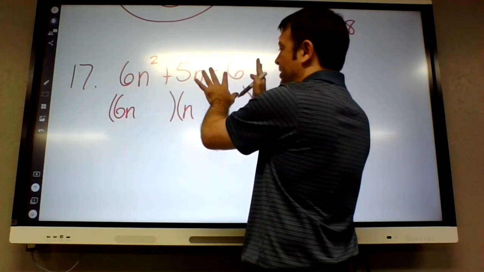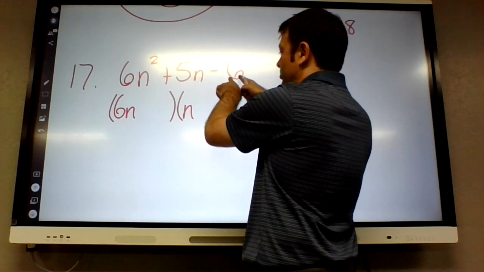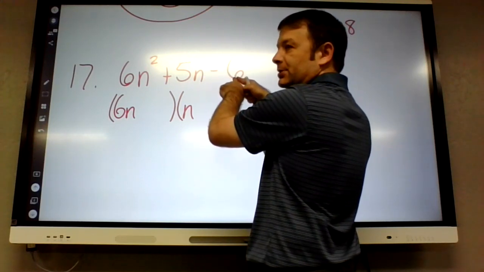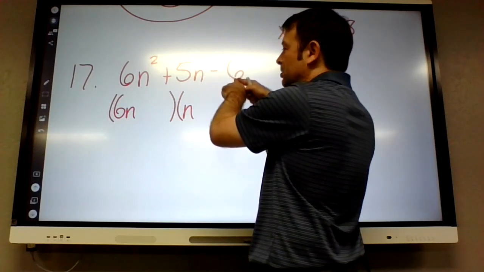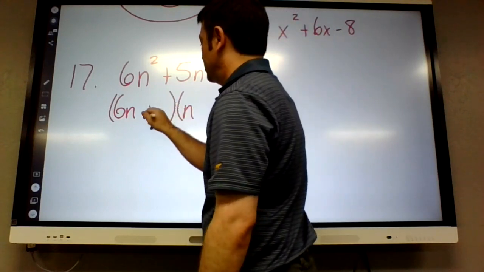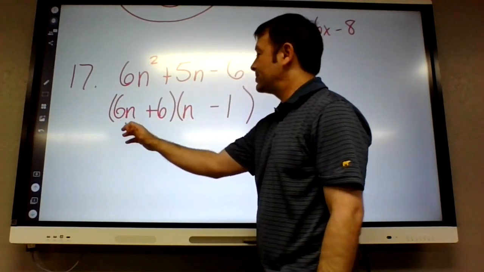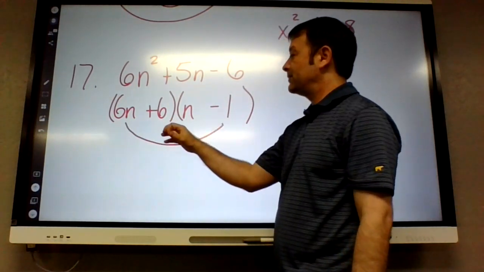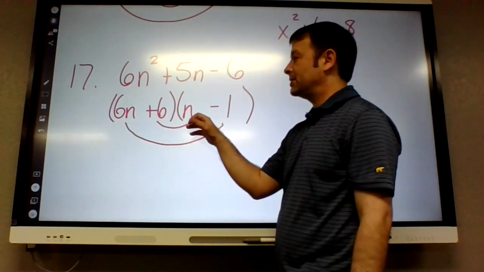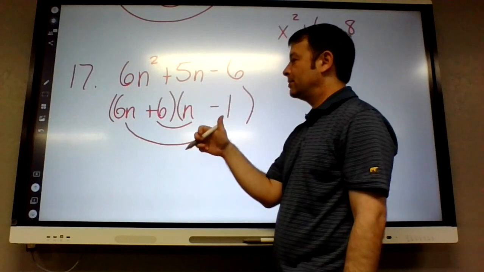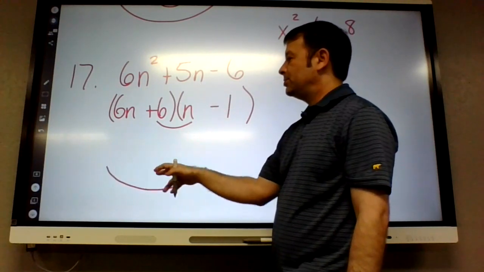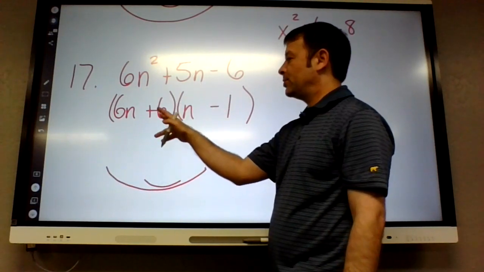Okay, so we're just gonna guess. We're just gonna throw some stuff up there. What could multiply into -6? Okay, 6 and -1, that's one possibility. So if I do the outside, -6 in, inside +6 in, does that add up to 5 in? No. You shouldn't necessarily get rid of the 6 and 1 right away though.